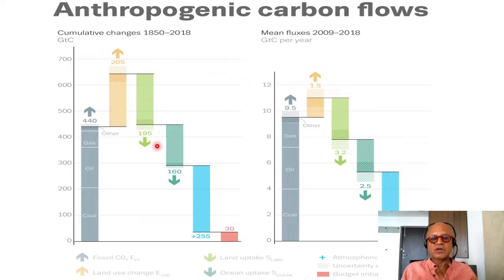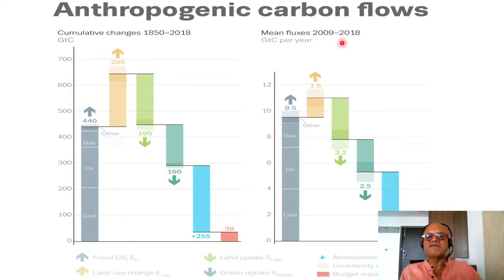We took out land use uptake, so the land use is a net difference of these, and we took out ocean uptake here, and this is the plus, so you have added atmospheric concentration, and this is the budget imbalance. Okay, so this is just the same thing looking at it in another way.